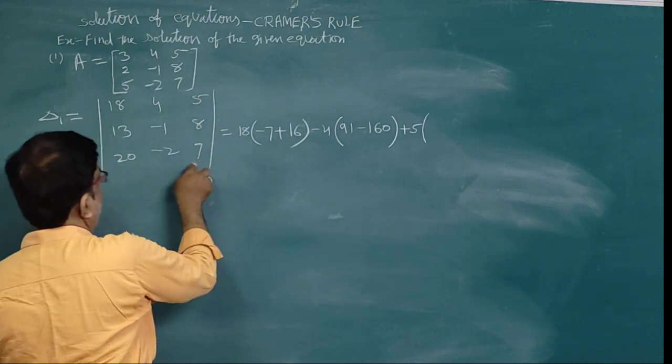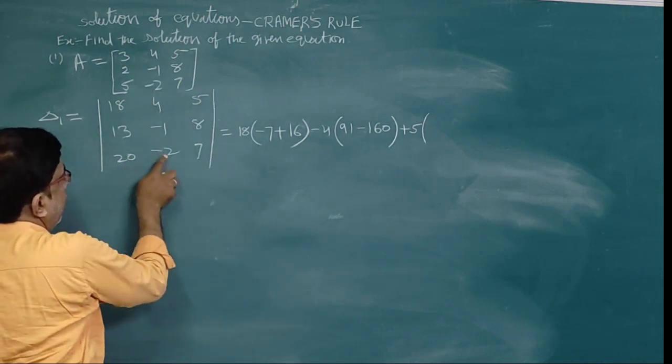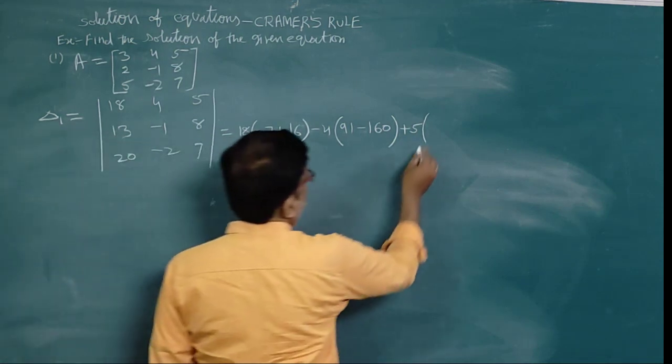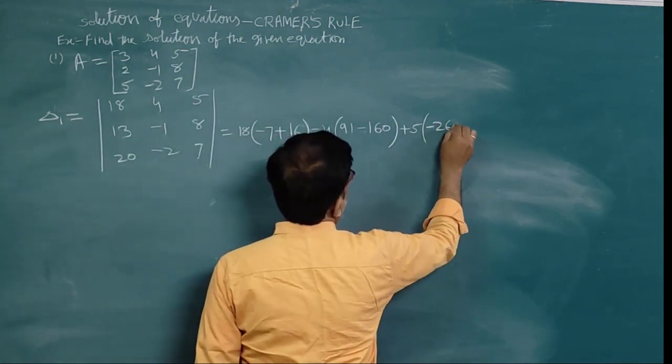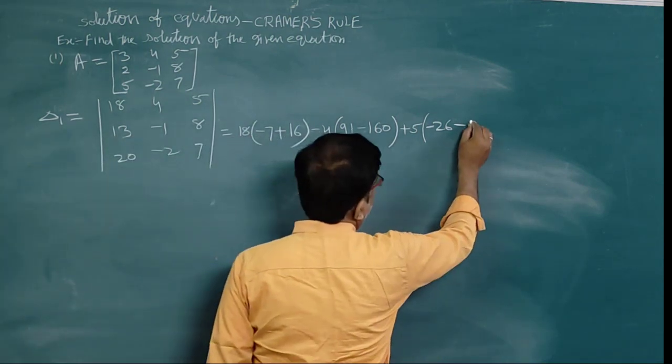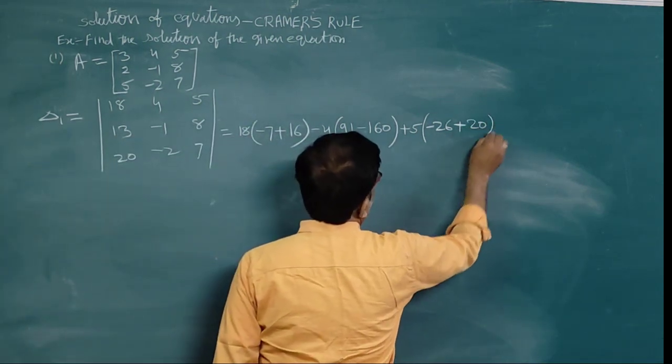Plus 5. So how much will it be? This one will go away. So left is 13 into 2, minus 26. Right? Minus 26. Minus 2 into 20, so plus 20.